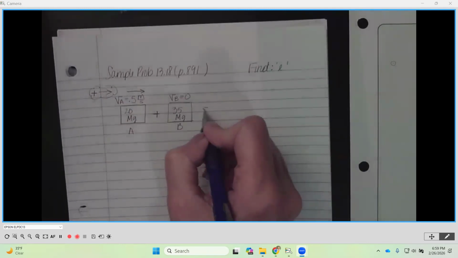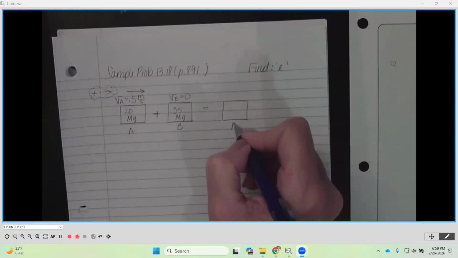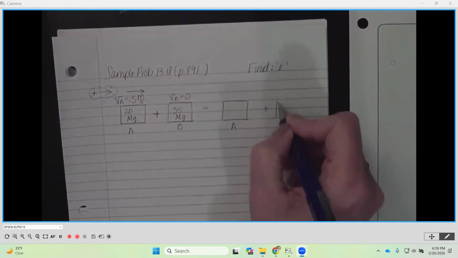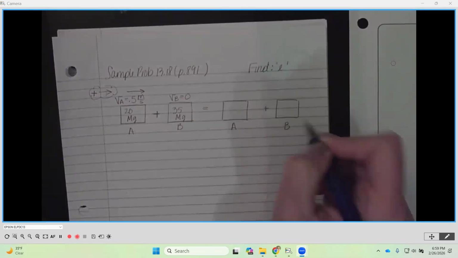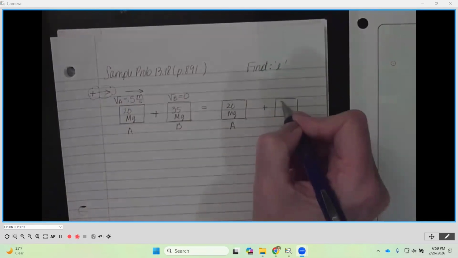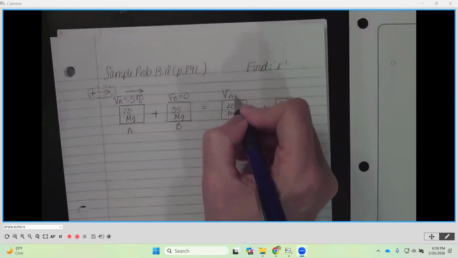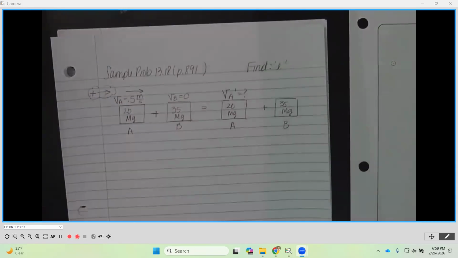It's going to be equal to the after. So we're going to do another rectangle for A plus rectangle for B. 20 megagrams, 35 megagrams. Velocity A prime, we don't know what that value is.